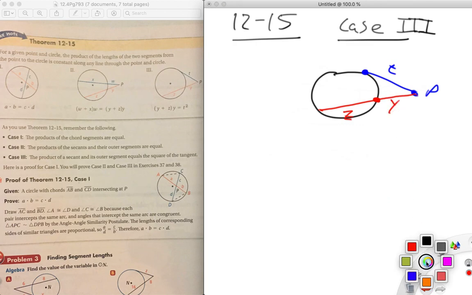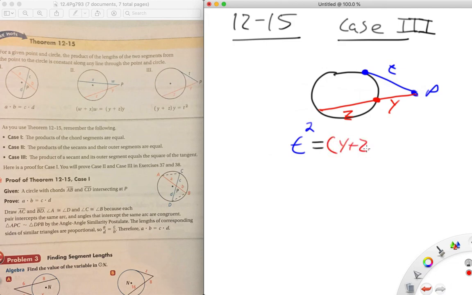Alright, so for this one, since there is no inside of the circle to multiply by, we multiply it by itself. So T times T, or T squared, T squared, that's going to equal Y plus Z times the outside Y. Alright, so those are the 3 scenarios.